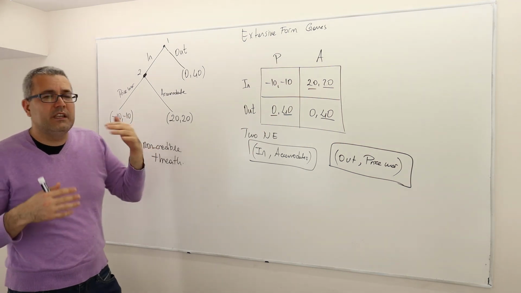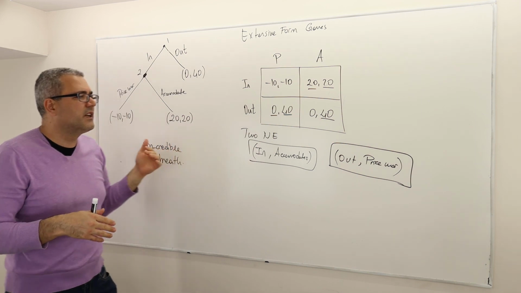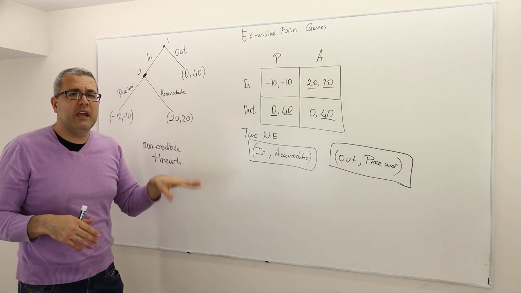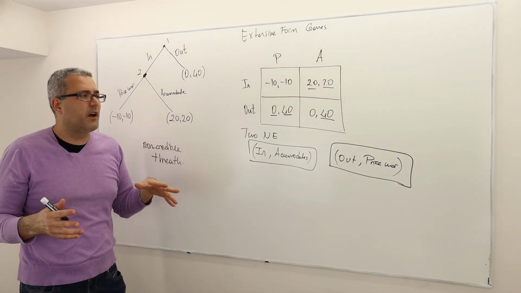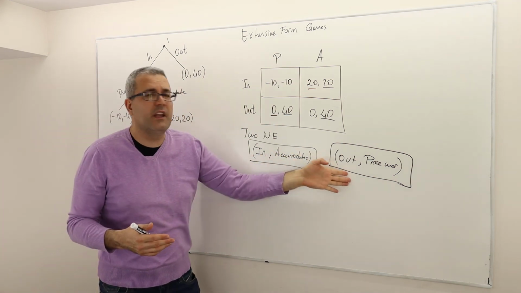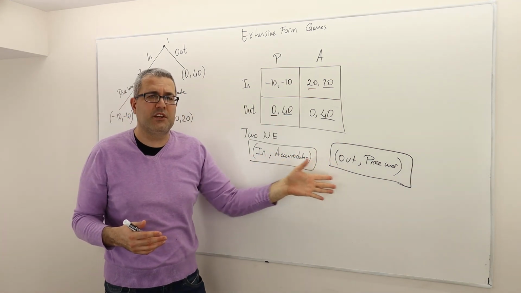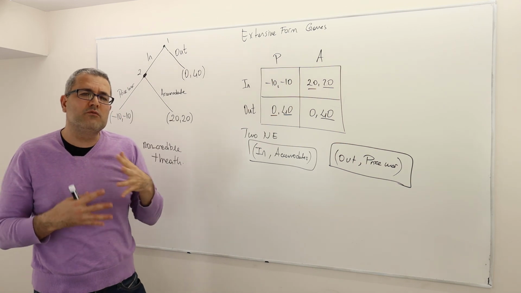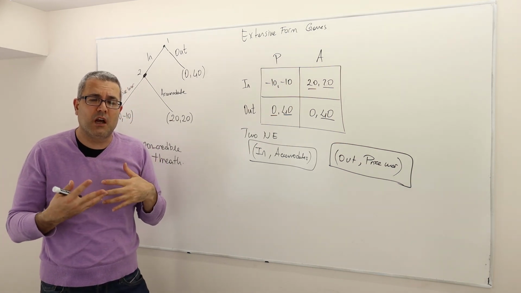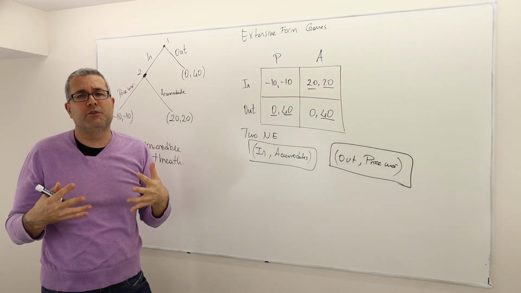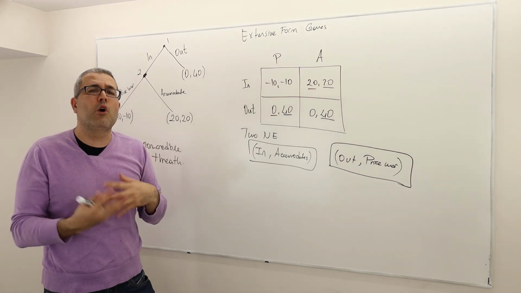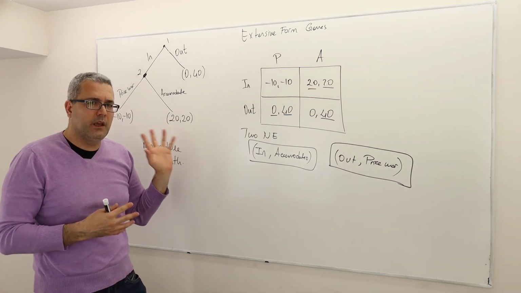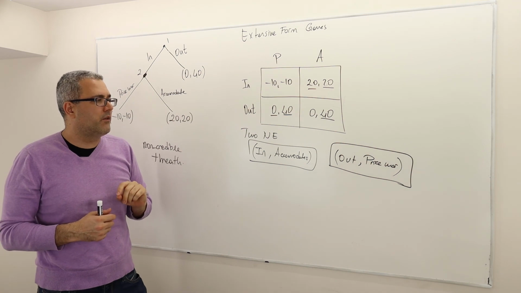And unfortunately, the concept of Nash equilibrium does not eliminate such strategy profiles. And so it gives us them as a Nash equilibrium. So therefore, we need to revise our solution concept, the Nash equilibrium solution concept, and make it more appropriate for extensive form games. So this is what we're going to talk about next.